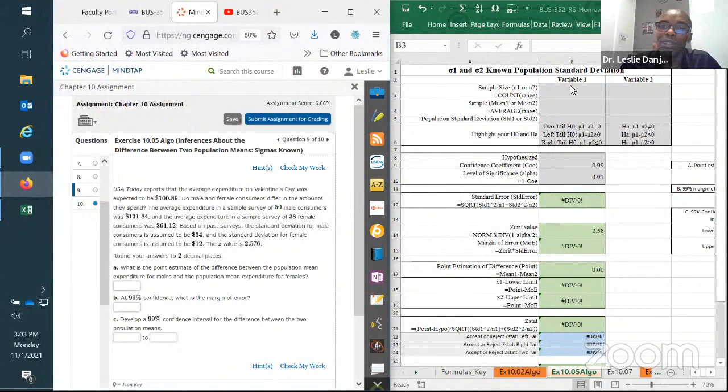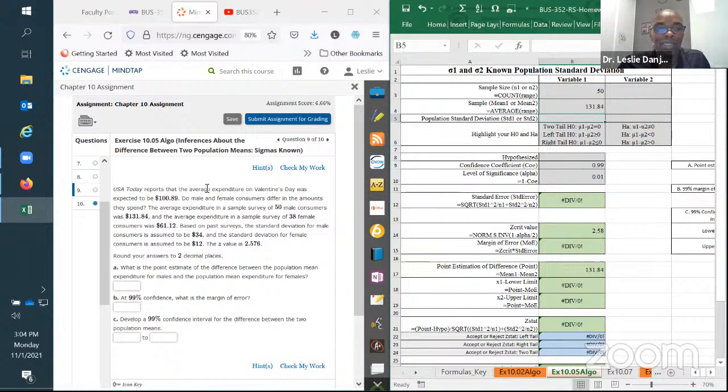So let's do males first. The average is that number, 131.84. All right, plug in your numbers, please. And a sample size of 50 males. So we spent $131 on Valentine's. Pretty good, guys, pretty good.